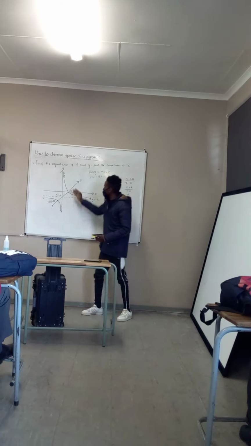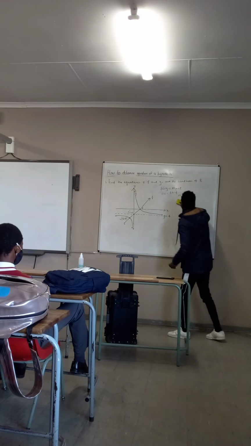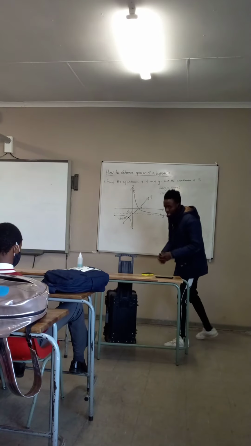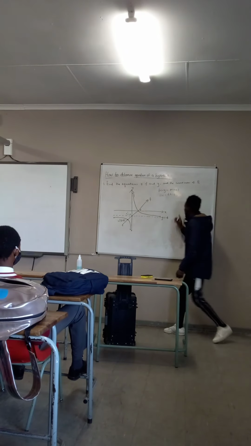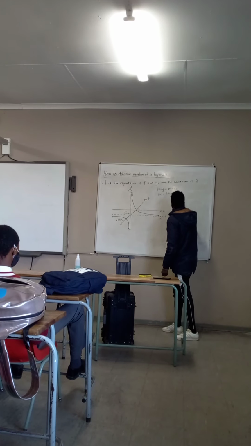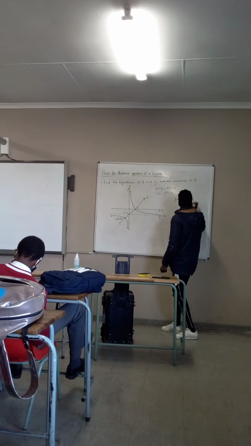So my value of A will never be negative. Because of this equation of asymptote, this function has been given in the form of G of X equals to A over X plus Q.